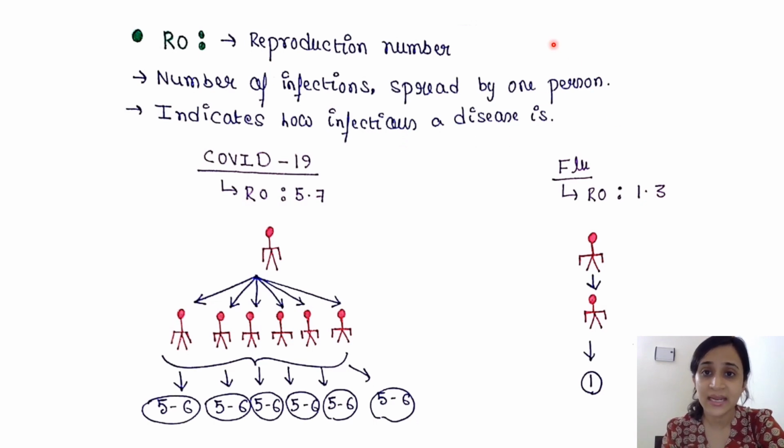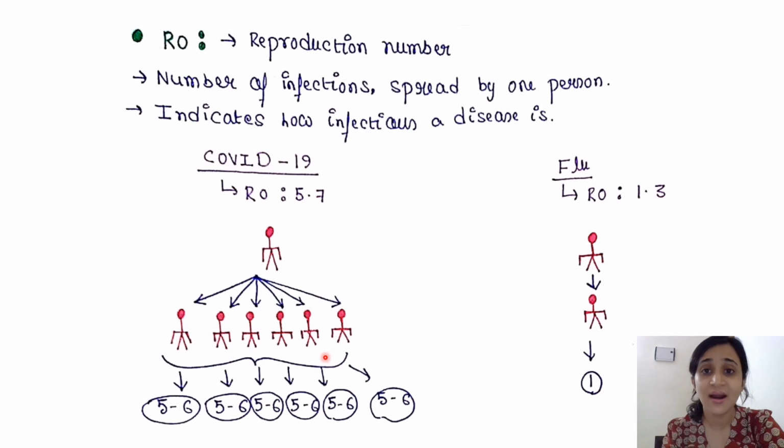So let's explain it here. Suppose this person is having COVID-19. He is unaware of his condition and moving here and there. He is coughing, sneezing and releasing respiratory droplets. Now, these 6 persons are around this person and they are infected.